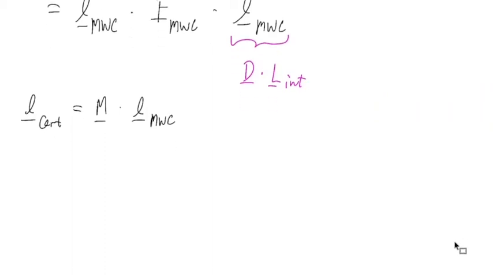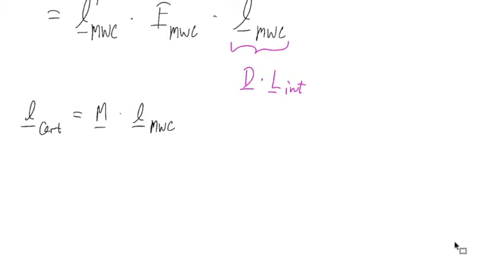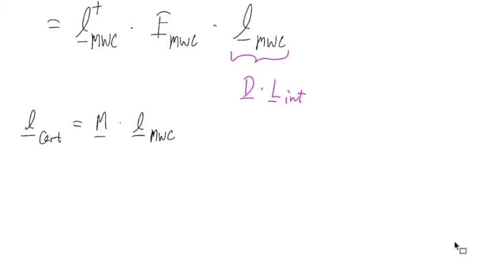So let's talk about the units here. D is the transformation matrix, right? So the unit for Q, which is the mass weighted coordinate, is by definition, square root mass. And the unit for D is constructed in a way so that it has the unit 1 over square root of the mass.